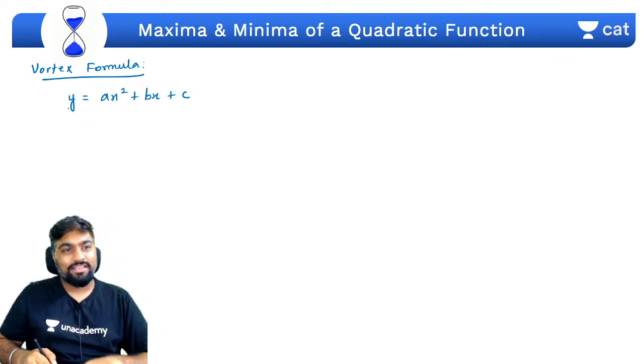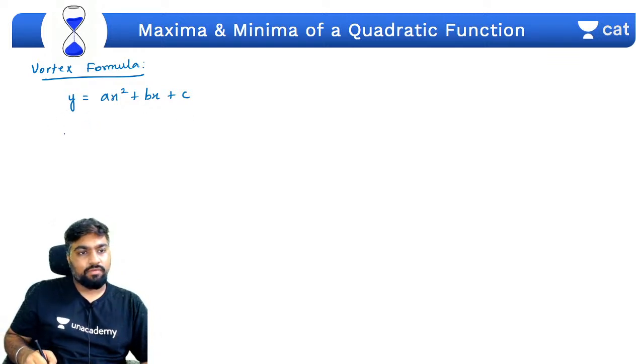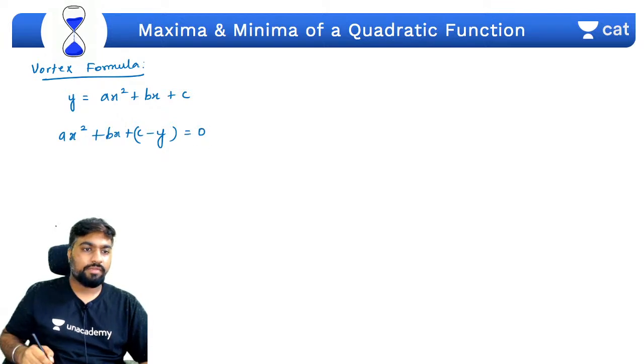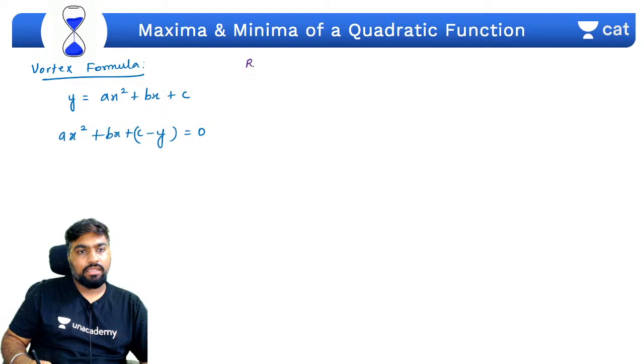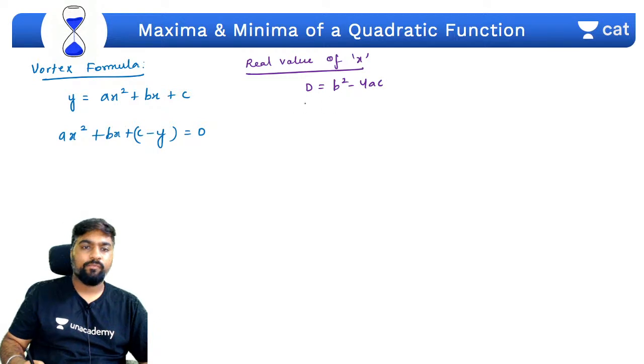Okay? Let's take the y to the other side. So what will happen? Ax square plus bx plus c minus y will become equal to 0. Correct? Now we know that for any real value of x, the discriminant D, which is b square minus 4ac, must be greater than or equal to 0.